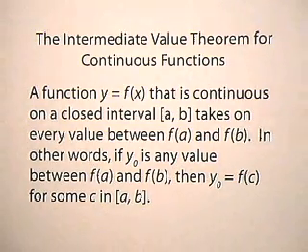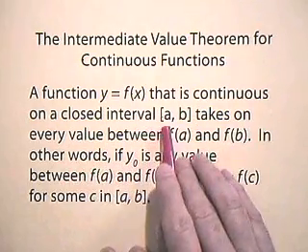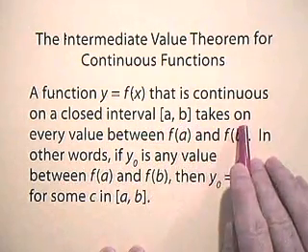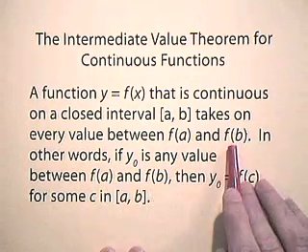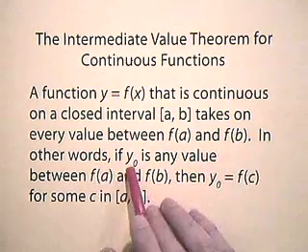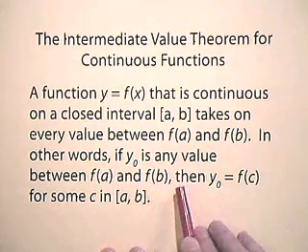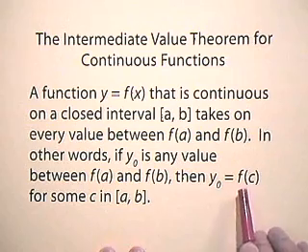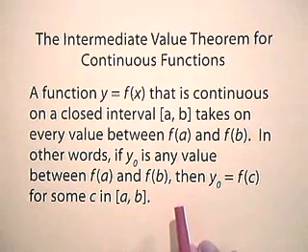A function y equal f of x that is continuous on a closed interval a comma b takes on every value between f of a and f of b. In other words, if y naught is any value between f of a and f of b, then y naught equals f of c for some c in the interval ab.